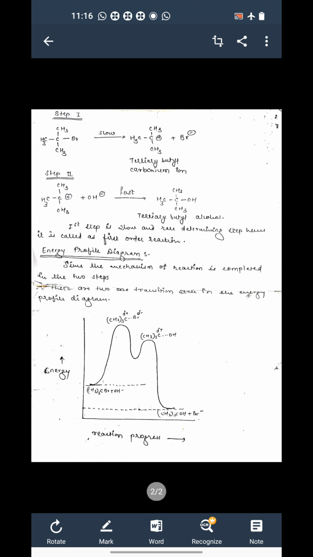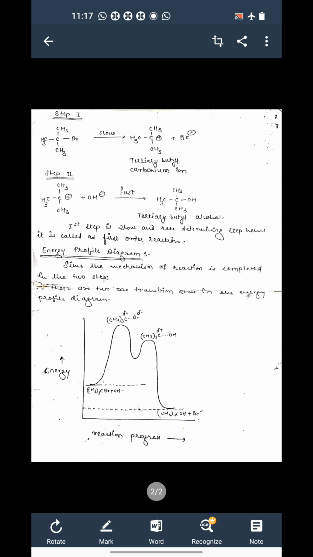So for the SN1 reaction, as the reaction is carried out in two steps, we have two peaks. First, on the extreme left, the reactants are given, meaning tertiary butyl bromide and OH minus. Then in the first step we get the tertiary butyl carbonium ion, which is written there, and then in the second step the tertiary butyl carbonium ion is attacked by OH minus.